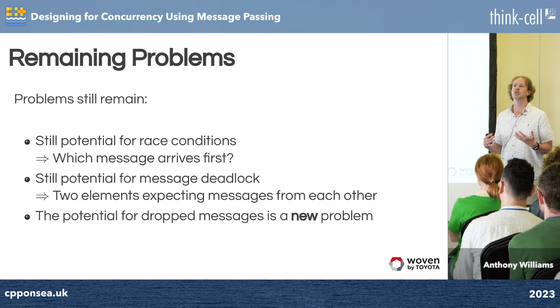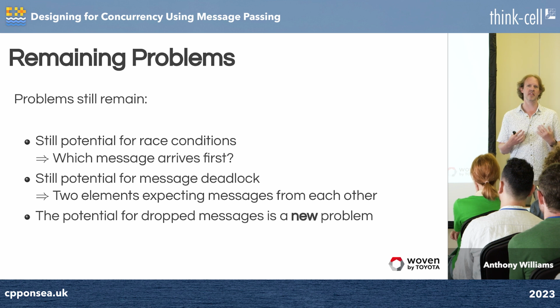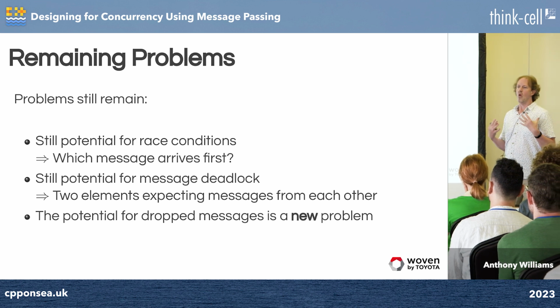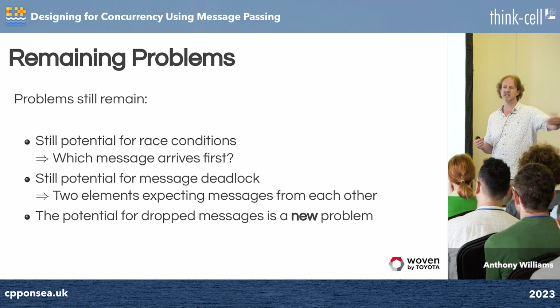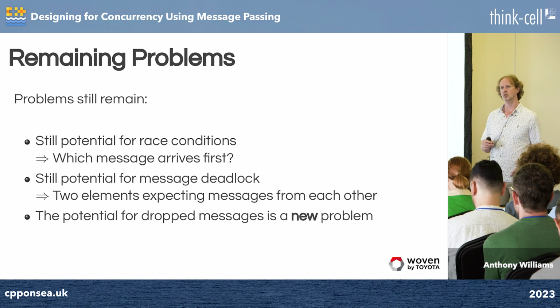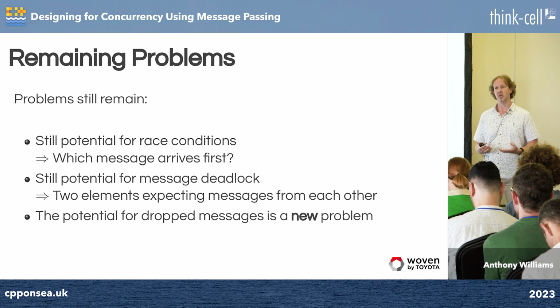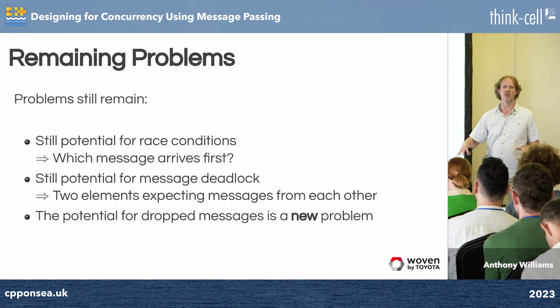And so you need to look at your application design and think about how your application is going to respond if I send a message to something and then it doesn't do its job. So again, it's a new problem, but it's an application design problem. And with any form of distributed system, you have to think about this.